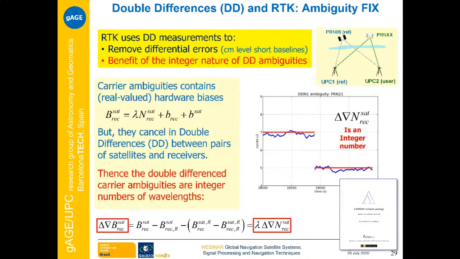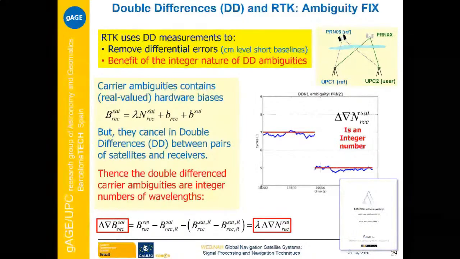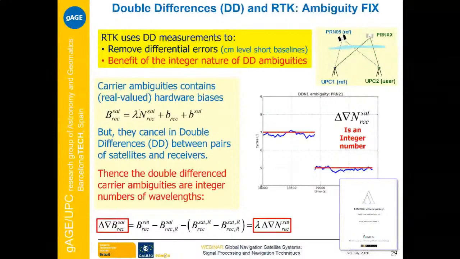And we have an integer valued part, n, which is an integer number, and we have two additional real valued terms. One term depends on the receiver and the other depends on the satellite.